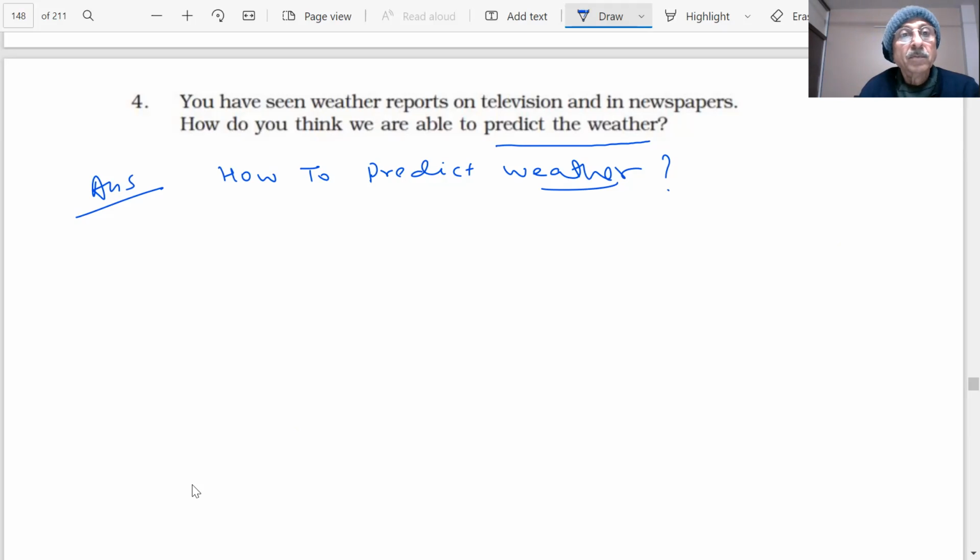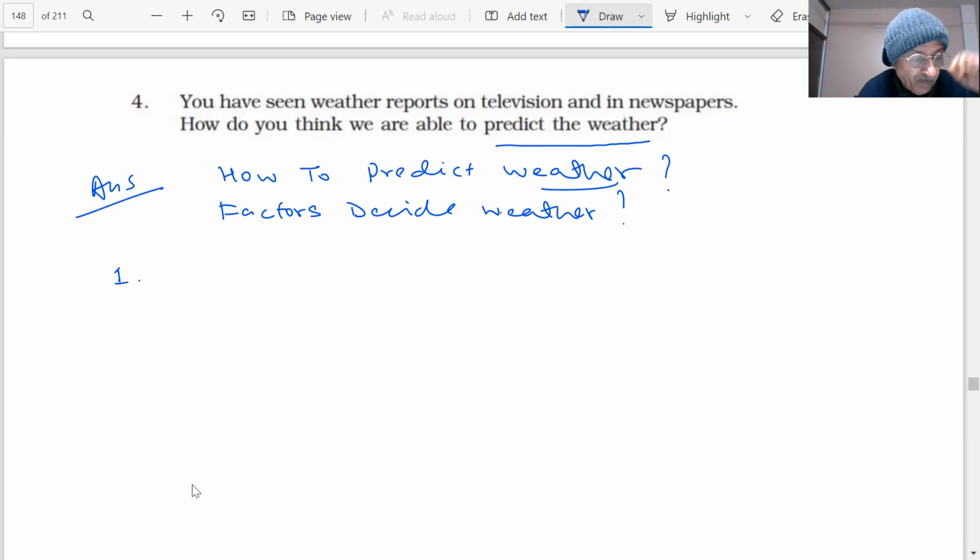The weather is decided by factors. What are the factors, student, which will decide the weather? So how will you write the answer? The meteorological department is studying what to predict the weather, student.